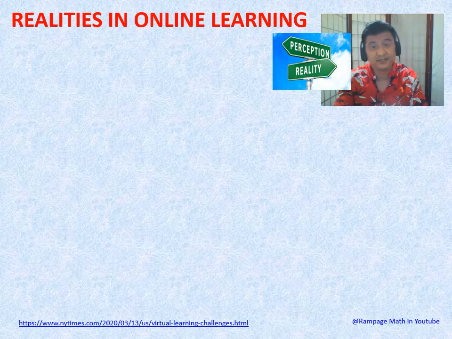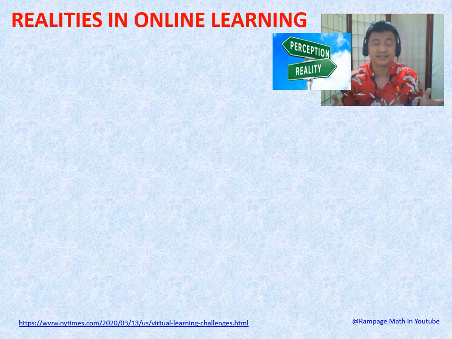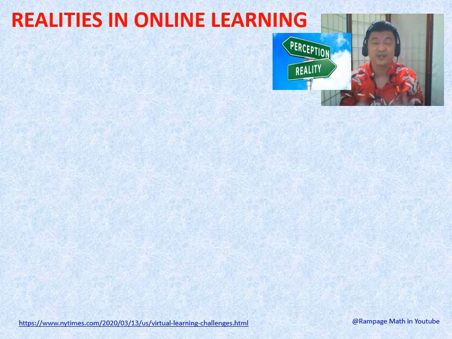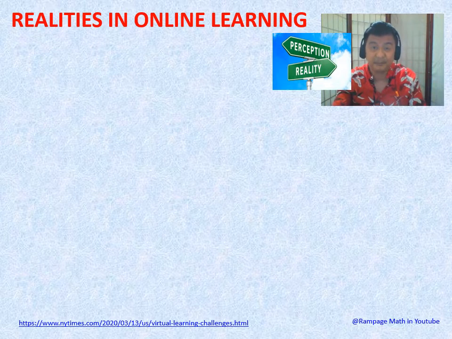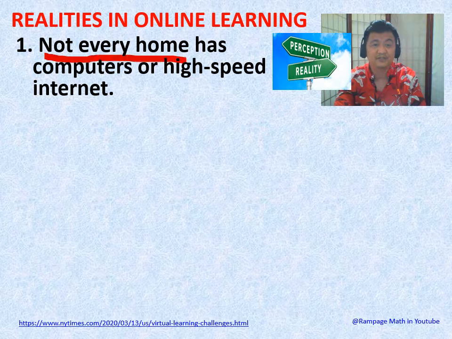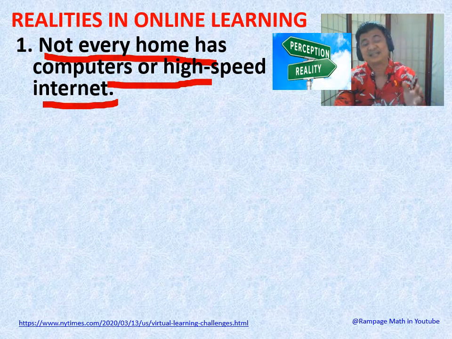Realities in online learning. This is the real thing na ngayon. Kasi ang dami mong naririnig na ideal thing about online learning, pero sa katotohanan, in real life, kakaiba po ito. Unang-una, number one, not every home has computers or high-speed internet. Kahit na nga nasa Amerika, kulang pa ang mga computers.